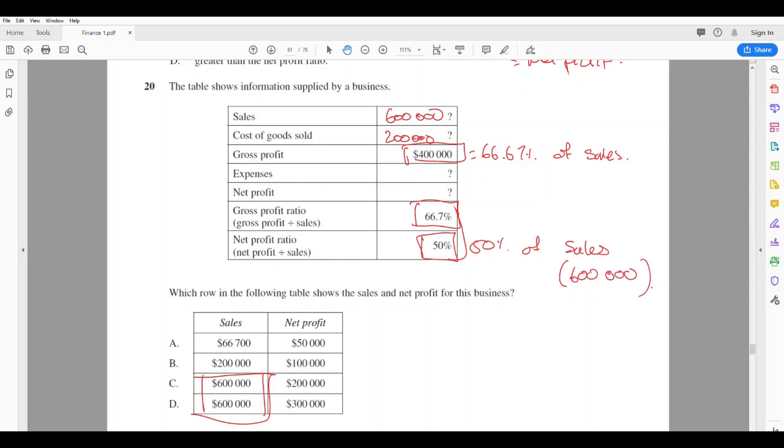So what is 50% of 600,000? I'm pretty sure that it's 300,000. So that would give us the answer of D.